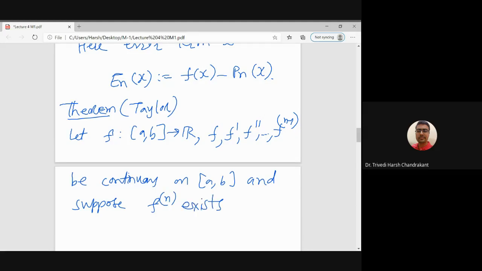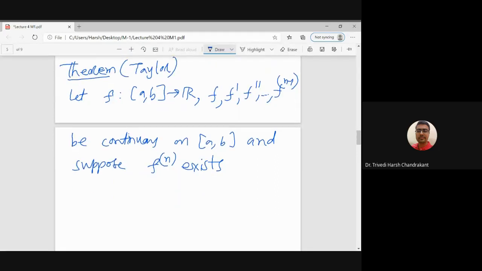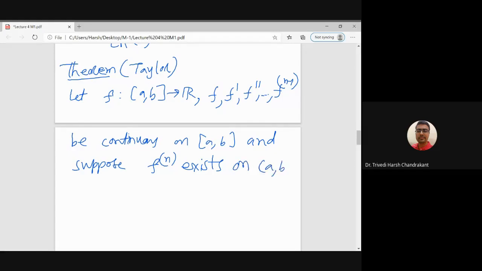We have not written that the nth derivative is continuous because anyway the function is differentiable, so it is continuous. Here we have not mentioned it explicitly, but you can mention it also. So the nth derivative exists on the open interval a b.